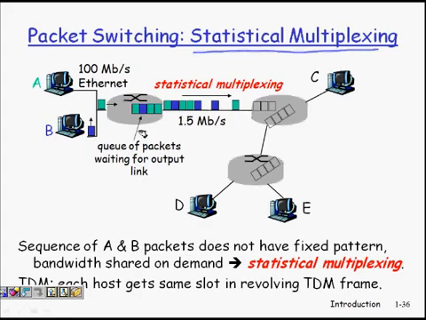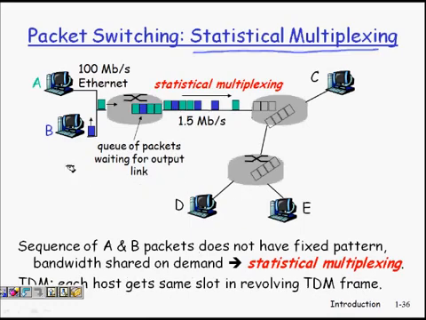A and B packets do not have a fixed pattern, so it will not happen that it allows one packet of A, then one packet of B, then again one packet of A, then one packet of B. There will be no fixed pattern. In whatever way they come into the queue, it will be sent like that.